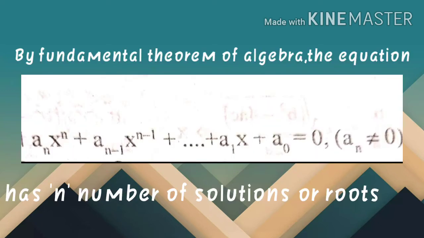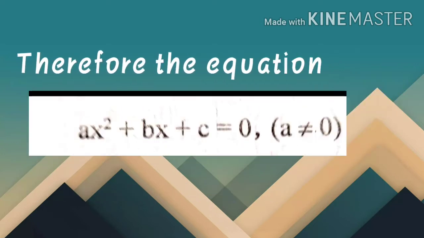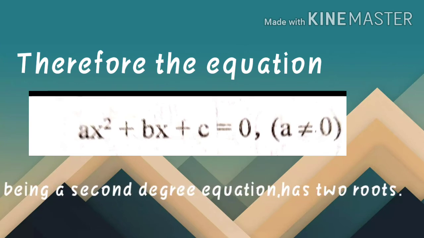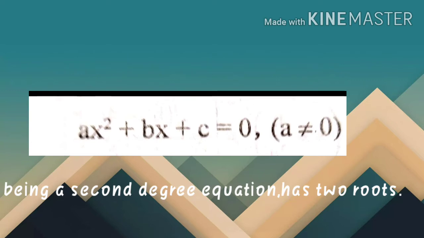By the fundamental theorem of algebra, the equation aₙxⁿ + aₙ₋₁xⁿ⁻¹ + ... + a₁x + a₀ = 0, where aₙ is not equal to 0, has n solutions or roots, as it is an equation of degree n. Therefore, the quadratic equation ax² + bx + c = 0, where a is not equal to 0, being an equation of degree 2, has two roots.